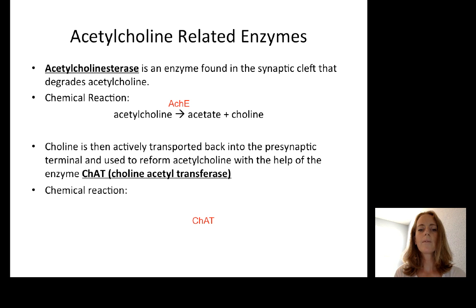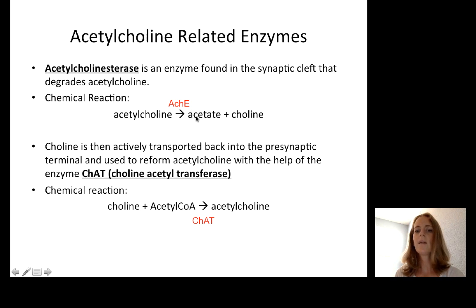One of the important ways to do this is through enzymes. Acetylcholine esterase is a common enzyme found in the synaptic cleft that breaks down, or degrades, acetylcholine. So here's the reaction: acetylcholine will break down to acetate and choline with acetylcholine esterase present. The choline can then actively be transported back into the presynaptic terminal and recycled to reform acetylcholine in the synaptic vesicles.